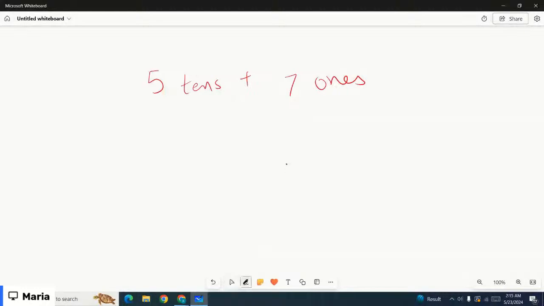The correct option is 57, right? The number they make is 57. Five tens and seven ones makes 57.